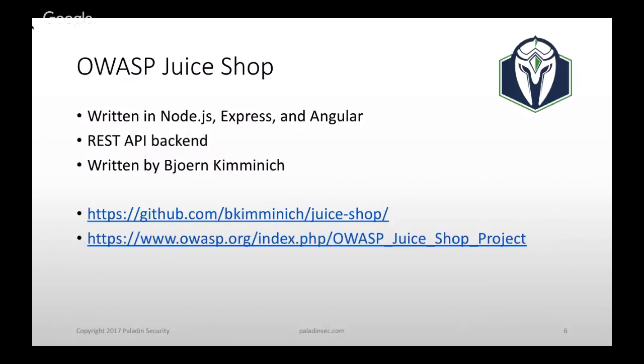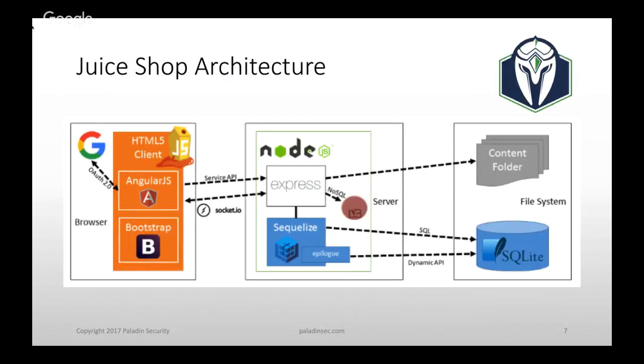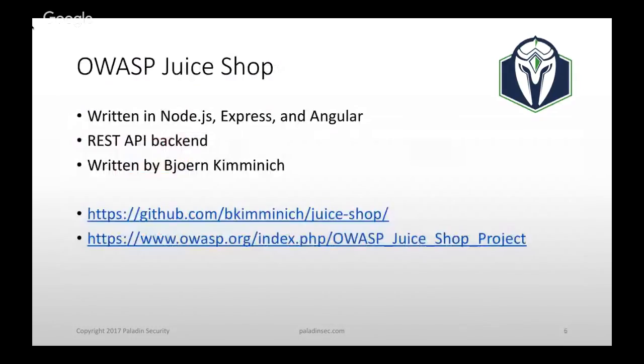We've got the GitHub page as well as the OWASP app project page. You can go check that out and get some information on the application itself, how to get information about it, and deploy it for your own use. And we're going to take a look at those here in just a moment.